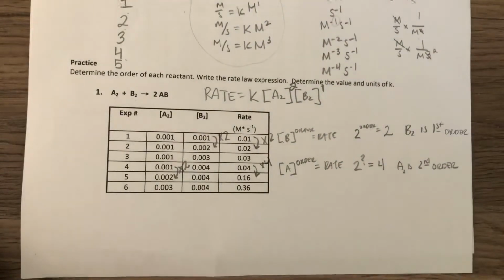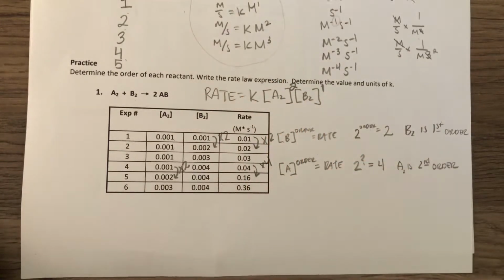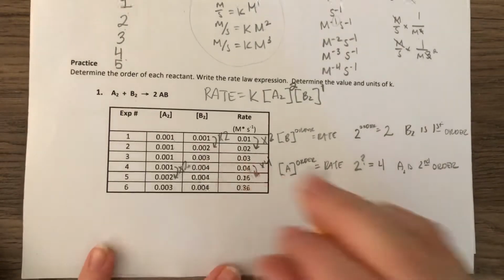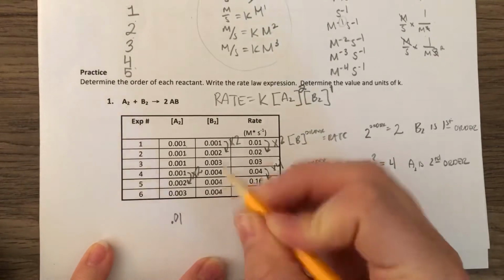All right, so now we have the rate law expression. Now we know that A is second order, B is first order. We can finally determine the value and units of K. We can choose any trial you want. We have to just plug in the data and solve for K. Usually I just choose the first experiment because that's at the top and that's easiest for me to look at. So the rate is 0.01.